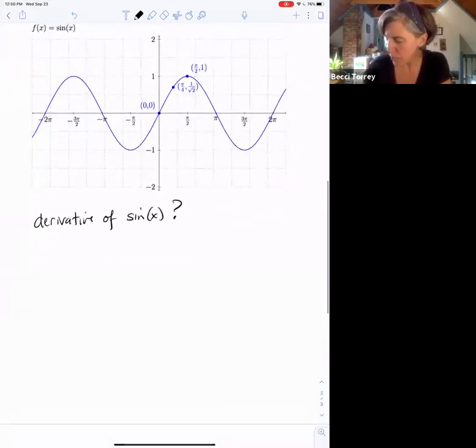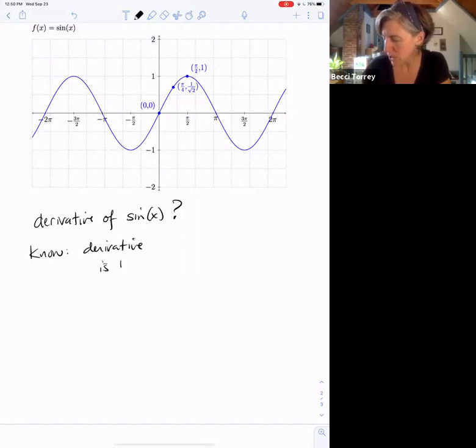And we know that the derivative, just generically speaking, is the rate of change at any particular point. And it also is the slope of the tangent line.